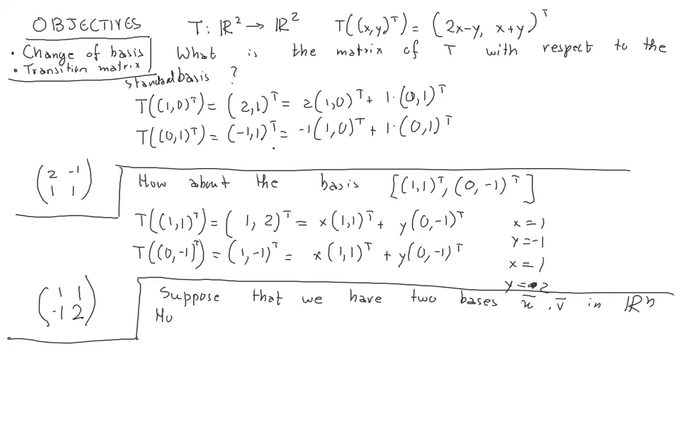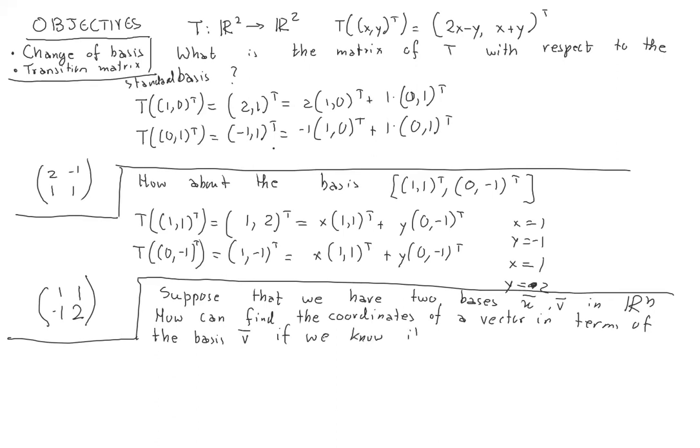So how can we find the coordinates of a vector in terms of the basis V, if we know its coordinates with respect to the basis U?